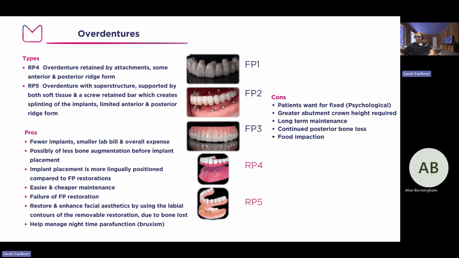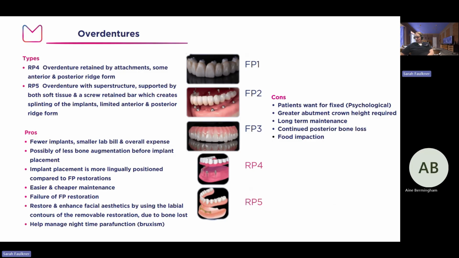They also offer a really great ability to restore or enhance facial aesthetics, by using the labial contour of the removable appliance, especially whenever a lot of the aesthetic fullness has been lost due to bone resorption over time. And they are quite a useful tool to help manage cases where your patient is looking for a full arch restoration but has nighttime bruxism as well. So again, that's something you definitely don't want with your FP cases.